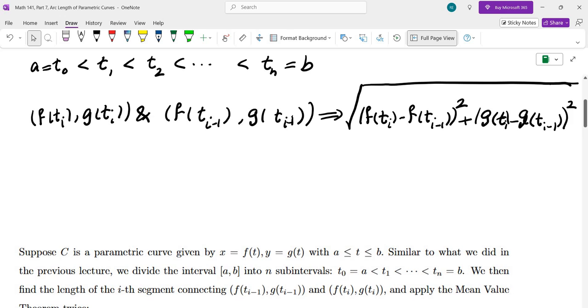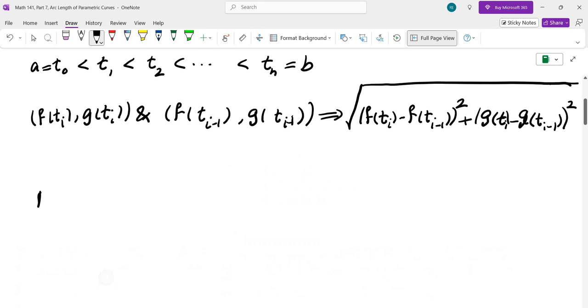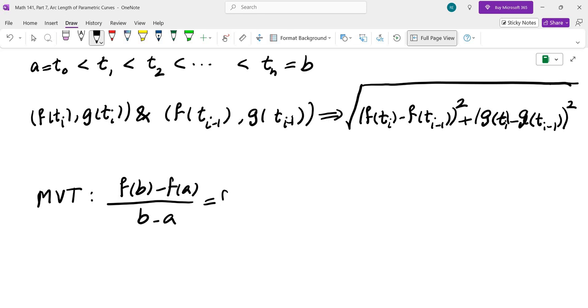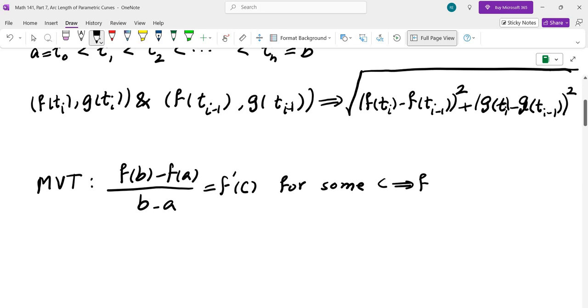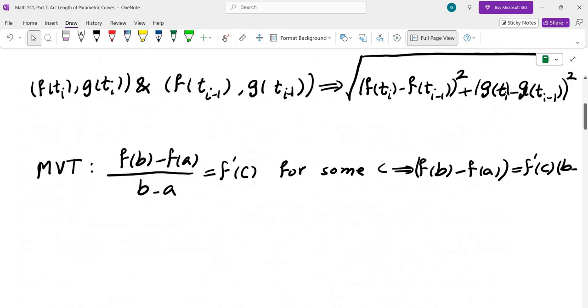Let me remind you of what we had in the mean value theorem. The mean value theorem told us that f of b minus f of a over b minus a is equal to f prime of c for some c, which tells us f of b minus f of a is equal to, if we cross multiply, f prime of c times b minus a.